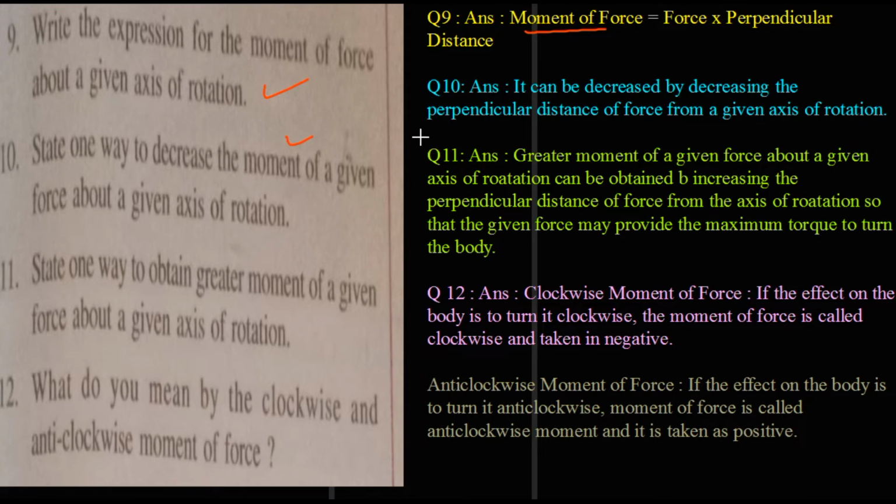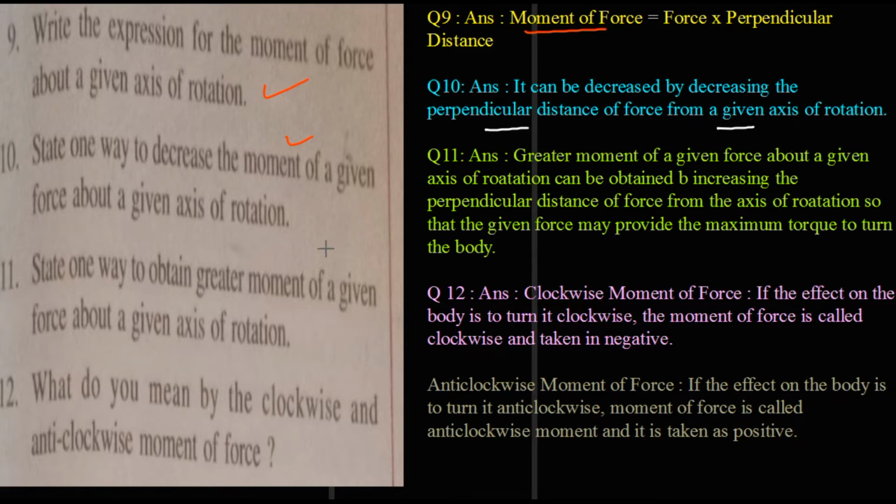So one way could be, if we decrease the perpendicular distance of force from a given axis of rotation, the moment of force will be decreased, right? It can be decreased by decreasing the perpendicular distance of force from a given axis of rotation, right?